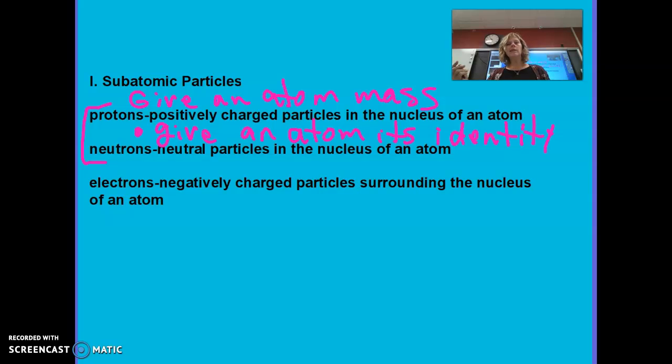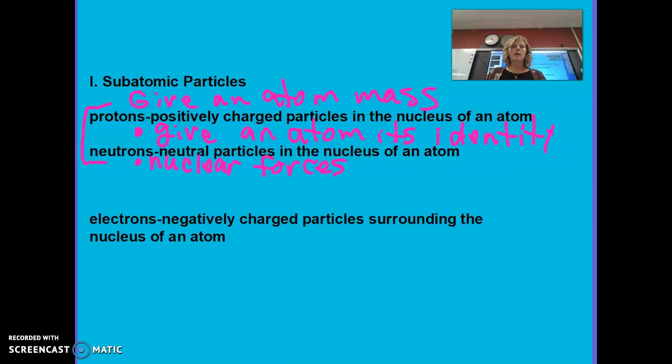Neutrons, we think, don't have a charge and they're really not responsible for reactivity, but they have a really important job. They have something called nuclear forces. Nuclear forces are really important for holding the nucleus together.